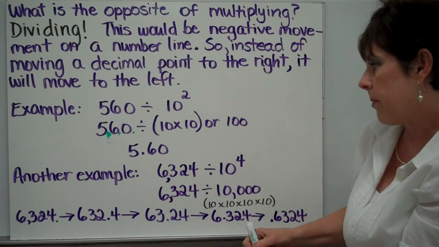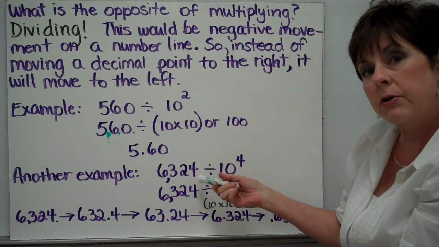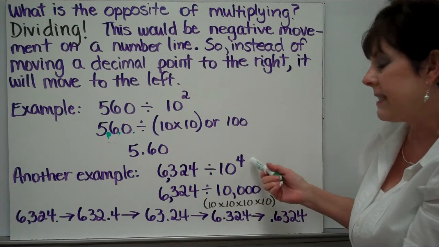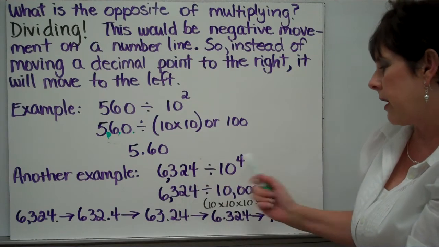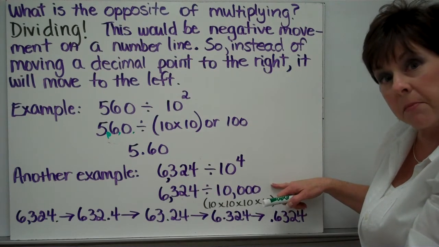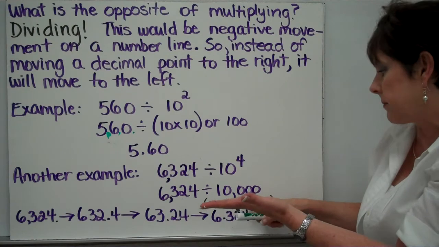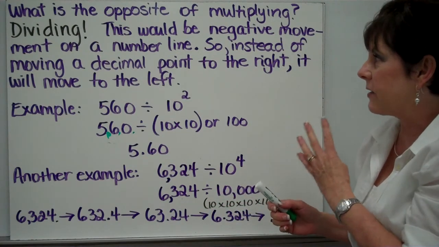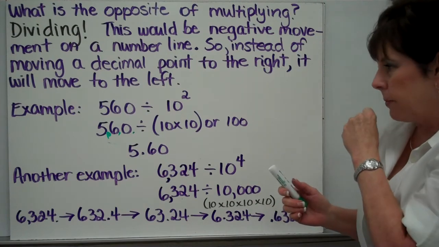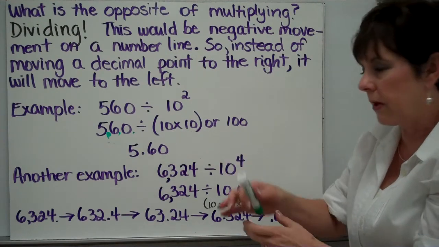Here's another example. 6,324 divided by 10 to the fourth power. So that is 6,324 divided by 10,000, because 10,000 is 10 times 10 times 10 times 10, 4 times. So we would move that decimal point 4 places to the left.